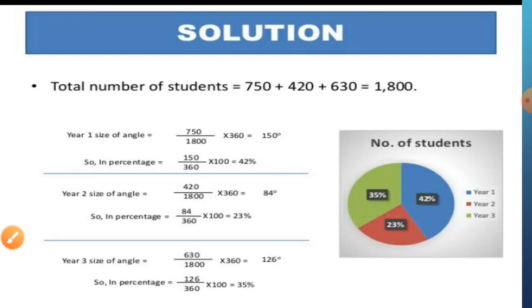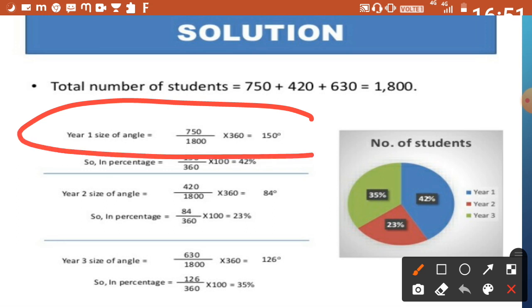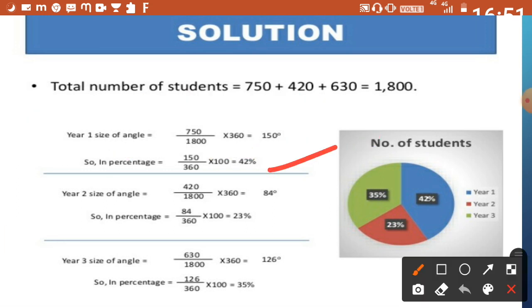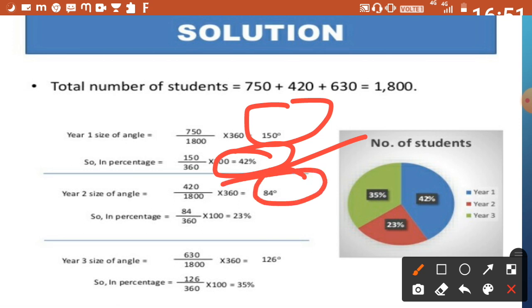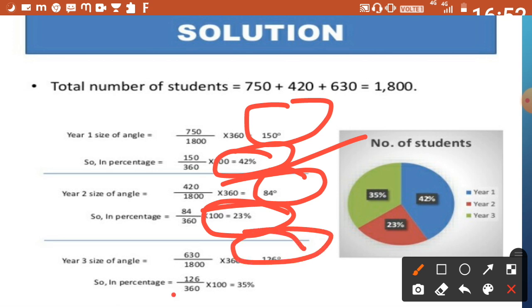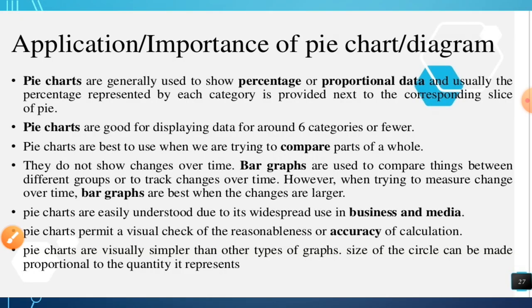Next, here it's actually written: how to find the angle, then after finding the angle, how to find the percentage. Here the angle is 150 degrees and the percentage is 42%. Here the angle is 84 degrees and the percent is 23%. And here your angle is 126 degrees, and your percentage is 35%.